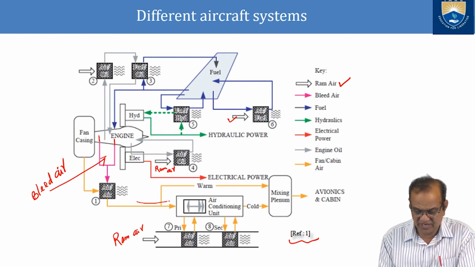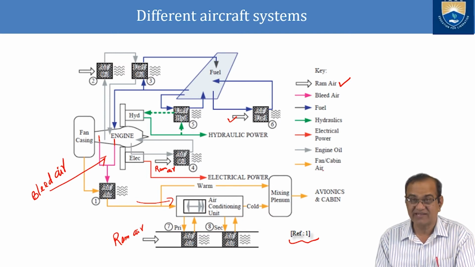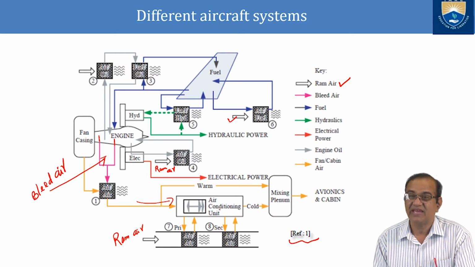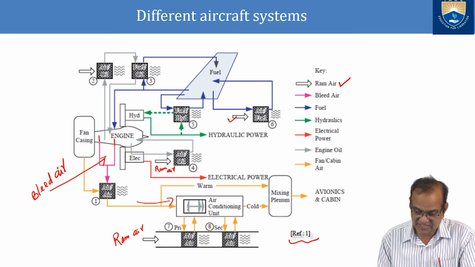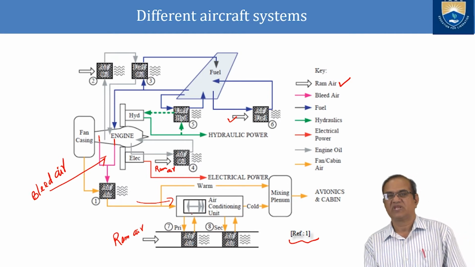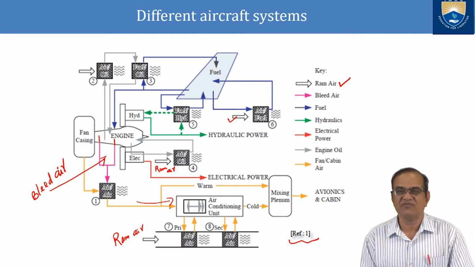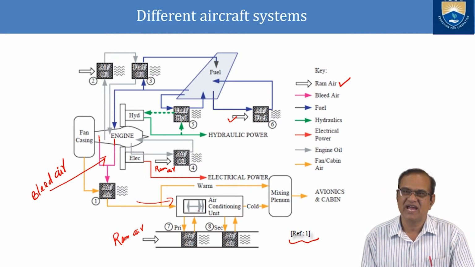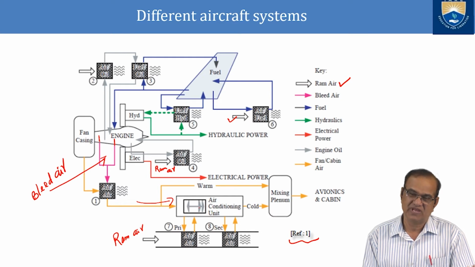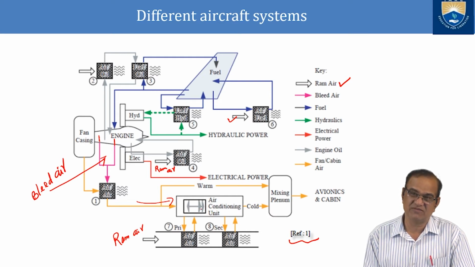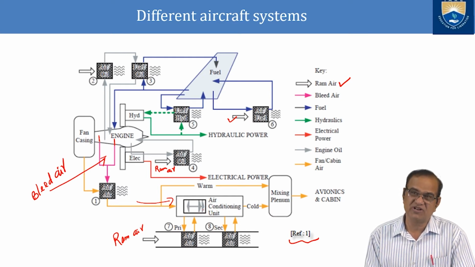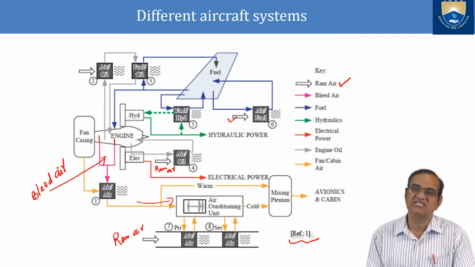Then it will go here as fan and cabin air. Here is the air conditioning. Here the turbine will rotate, and cool air, due to expansion of this hot air, it will enter here, and due to high pressure it will rotate. Due to this rotation, the expansion of the gases is taking place, and due to this expansion, the air is cooled.